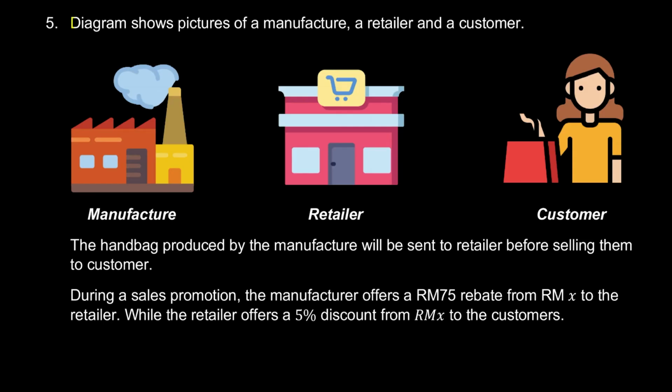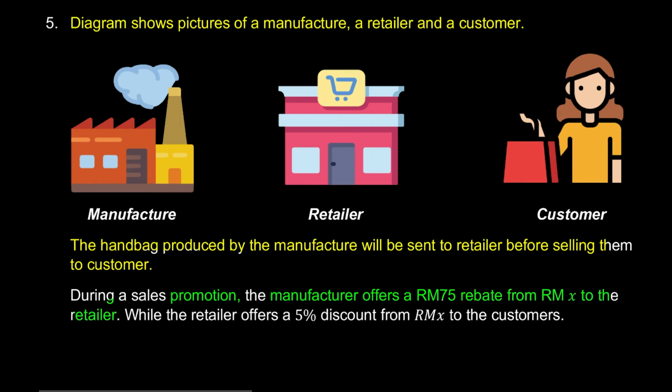Question number 5. The diagram shows a picture of a manufacturer, a retailer, and a customer. The handbag produced by the manufacturer will be sent to the retailer first before selling to the customer like us. But during a sales promotion, the manufacturer will offer a 75 ringgit rebate to the retailer.